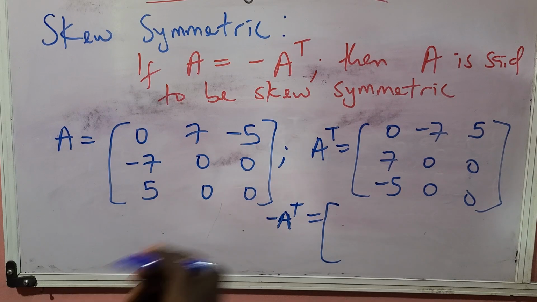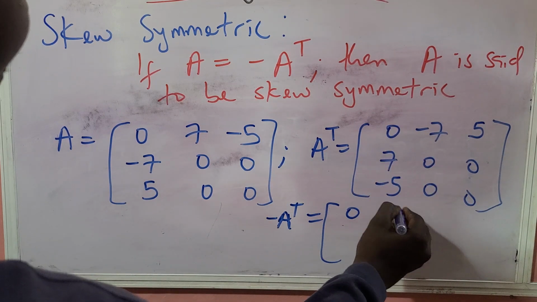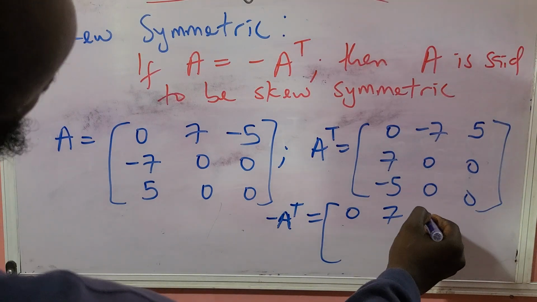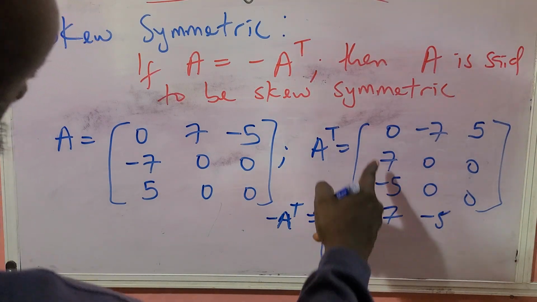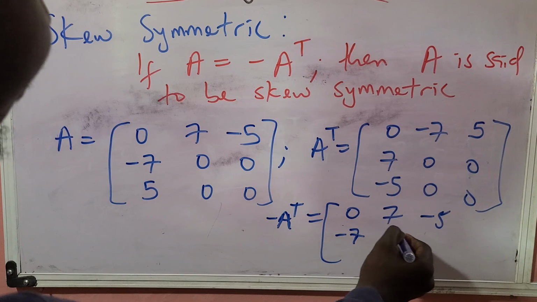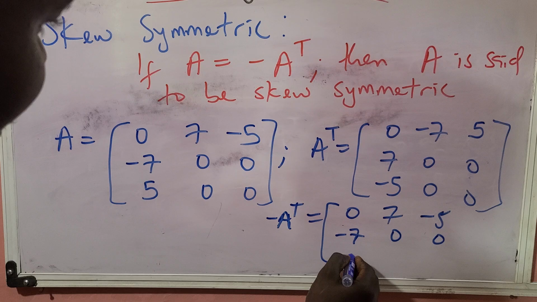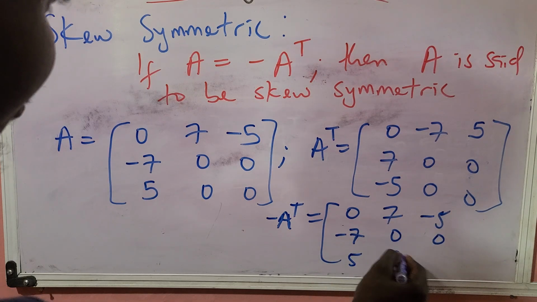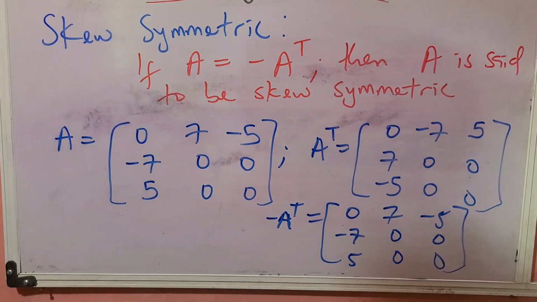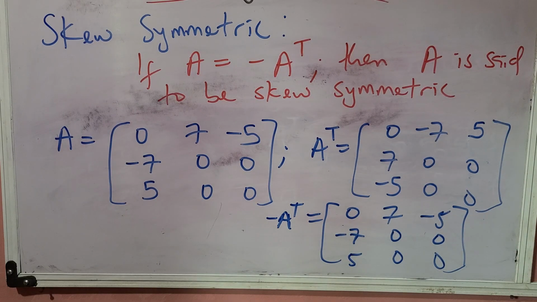So 0 times minus, we have 0. Minus times minus 7, we have 7. Minus times 5, we have minus 5. Minus times 7, we have minus 7. Minus times 0, 0. Minus times 0, 0. Minus times minus 5, we have 5. Minus times 0, 0, 0. So we're done getting minus A transpose.